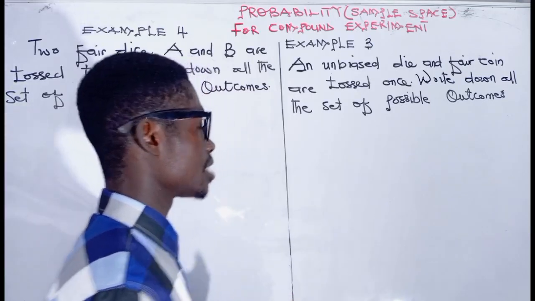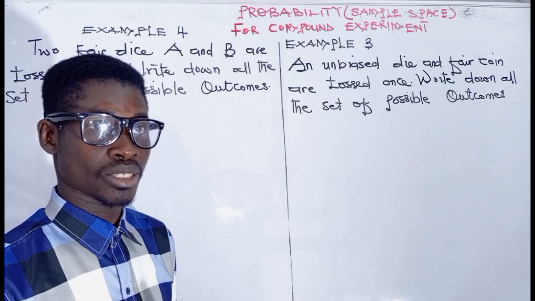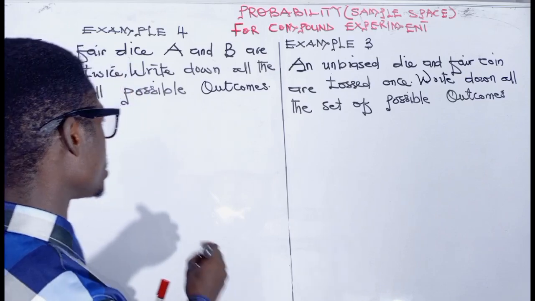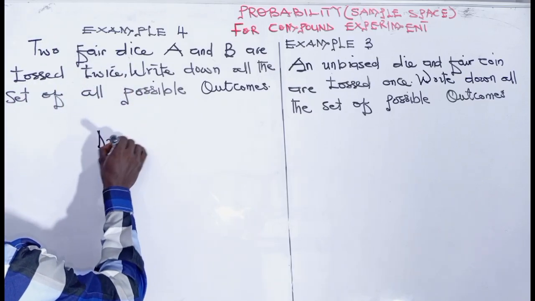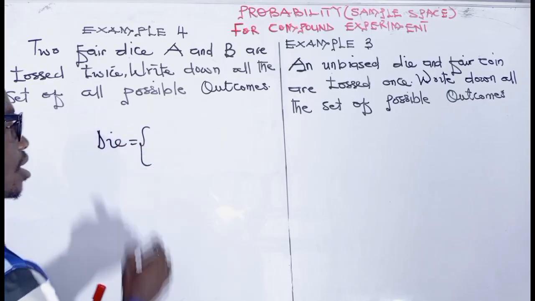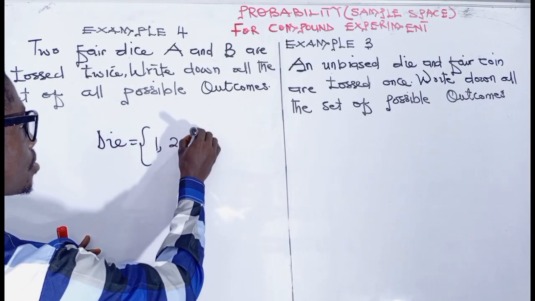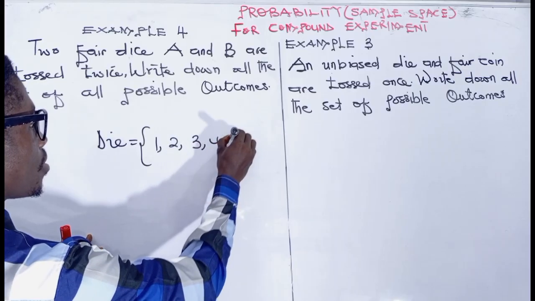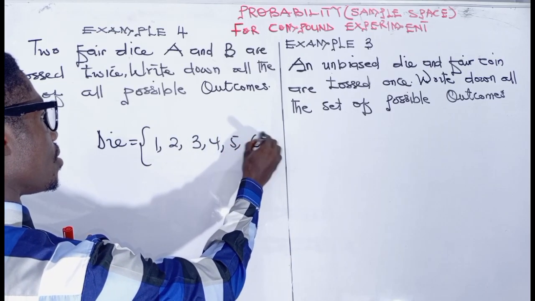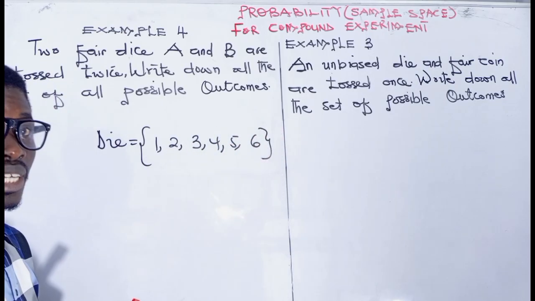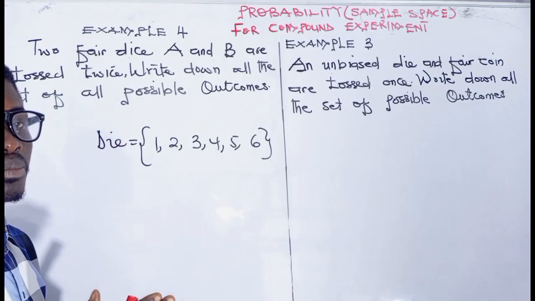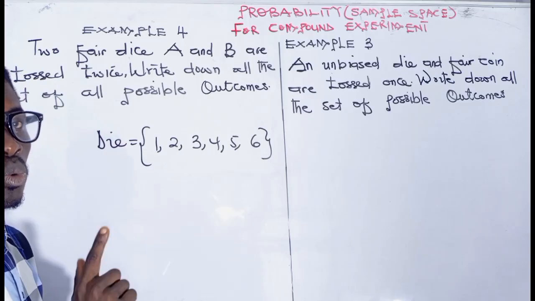You know that when we toss a die once, we are either going to get the number 1, 2, 3, 4, 5, or 6. So these are all the set of possible outcomes when a die is tossed once.